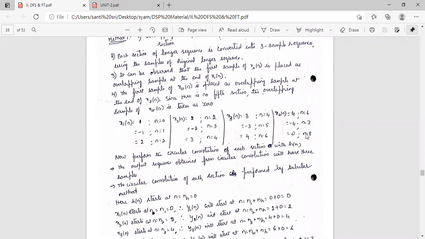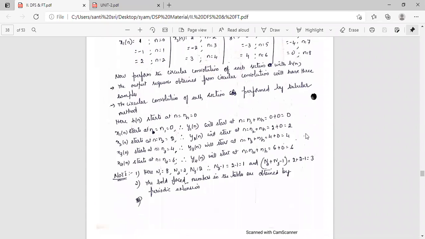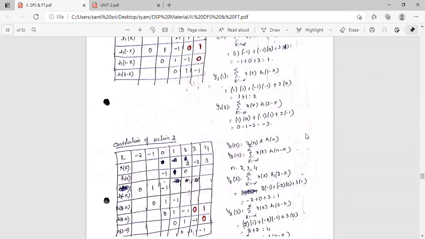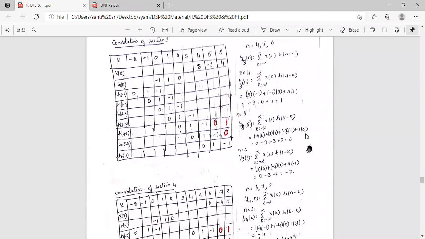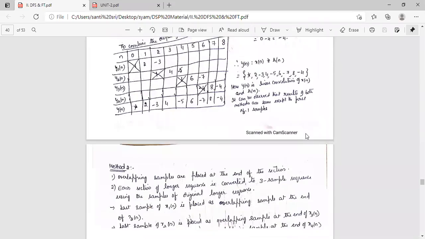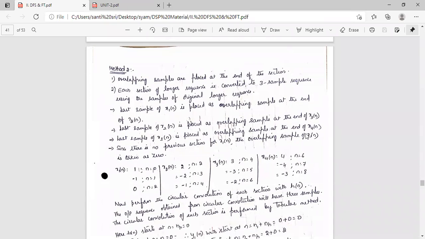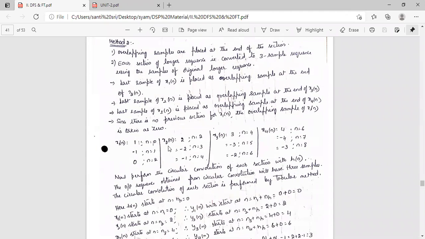Coming to method 2. This is somewhat different. It is also the same as method 1, but observe it clearly. Here also x of n will be sectioned into x1 of n, x2 of n, x3 of n, x4 of n, like that.